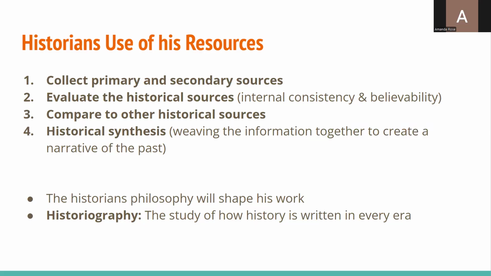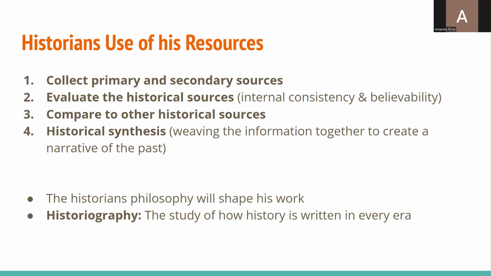So the historian's philosophy will shape his work. That's true for any type of work across the world. So it's important to note that this whole process of creating history, even in college, you can take a class called historiography, and it's the study of how history is written in every era.